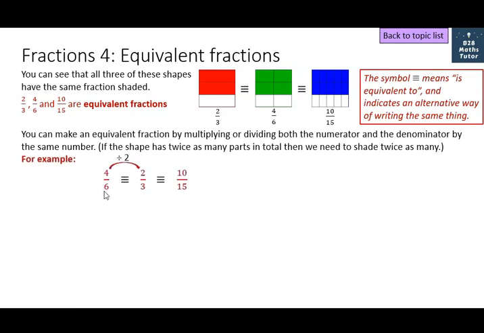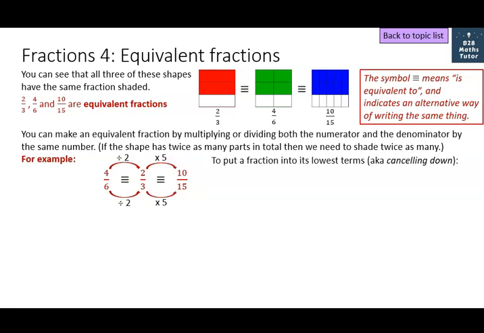So to get from 4/6 to 2/3, we divide by 2 on the top to get from 4 to 2, and divide by 2 on the bottom to get from 6 to 3. To get from 2/3 to 10/15, we're going to multiply by 5 on the top and again on the bottom.